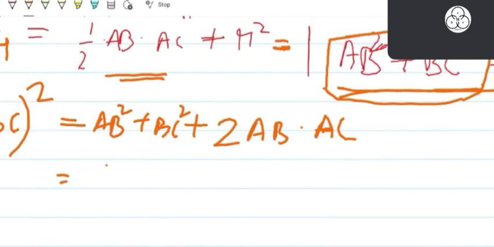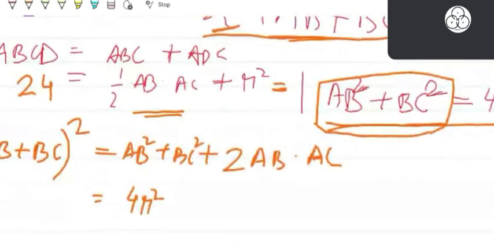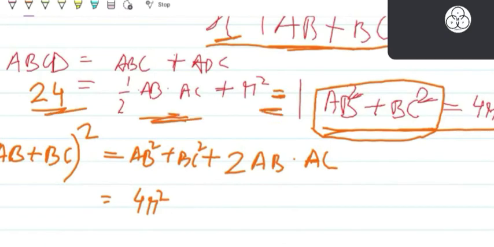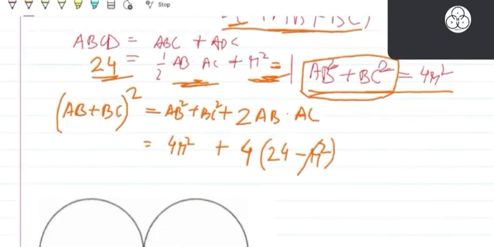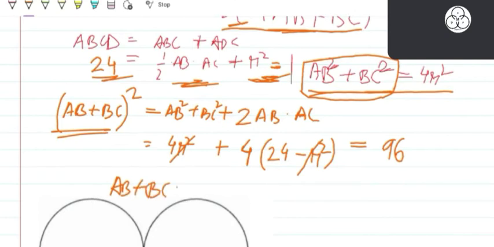AB square plus BC square is 4r square, and from this relation we get 4r square plus 4 times 24 minus r square. r square cancels out. We'll get here 96. So we'll get AB plus BC as root over 96, right?